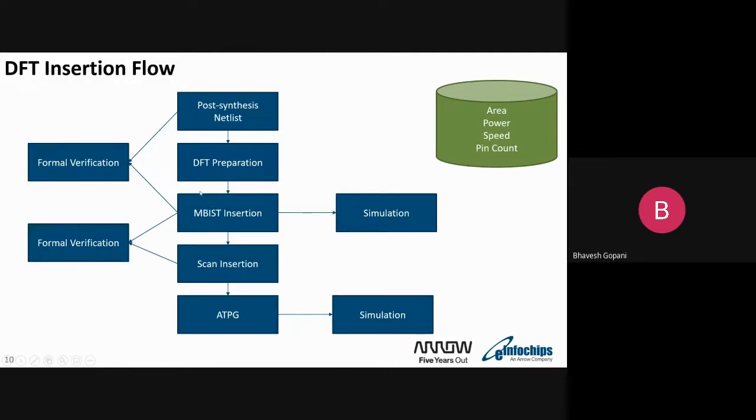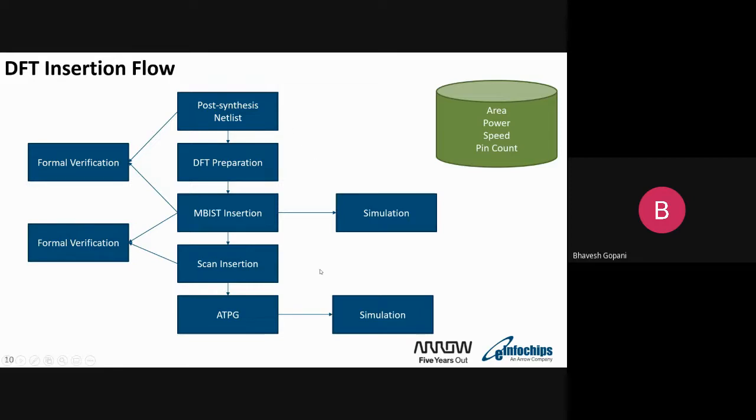Similarly, once M-based insertion is done and we are doing the scan insertion, again the netlist is modified and updated and optimized, and area consideration, power consideration, there are certain optimizations that happen. So again the netlist is new, so we need to do the equivalence check again between these two. Sometimes we also do an equivalence check between post synthesis and scan insertion.